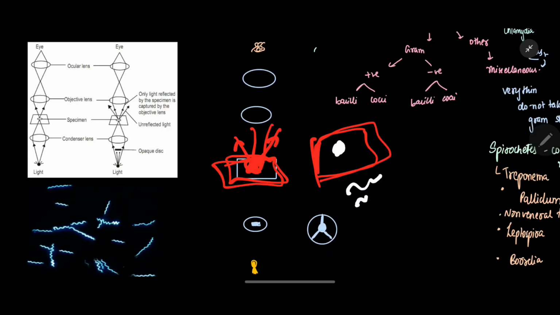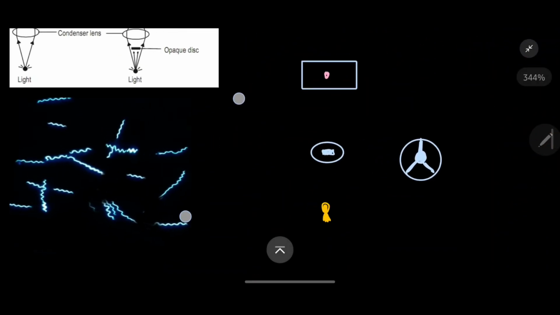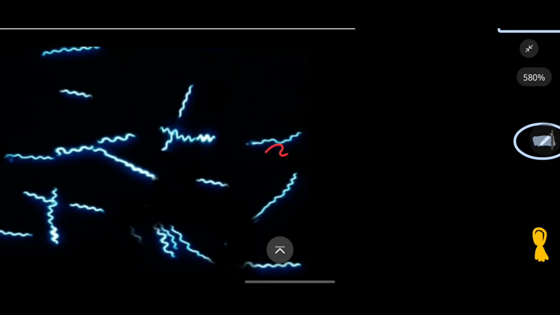Very thin specimens, like bacteria such as spirochetes, are going to be observed in dark field microscopy. Here is the diagram of how spirochetes look. They are spirally shaped bacteria and they are very thin, very slender, very flexible, and they also have a certain motility.